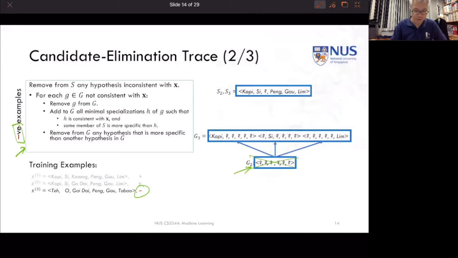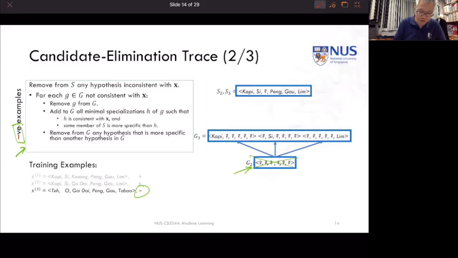And how are we going to get rid of it? Is to remove it from G, but then add all of the minimal specializations of G such that it's consistent with our input data. This means we could specialize the first, the second, the third, the fourth, the fifth, or the sixth example, right? All of these are specializations, but not all of them are going to be consistent.